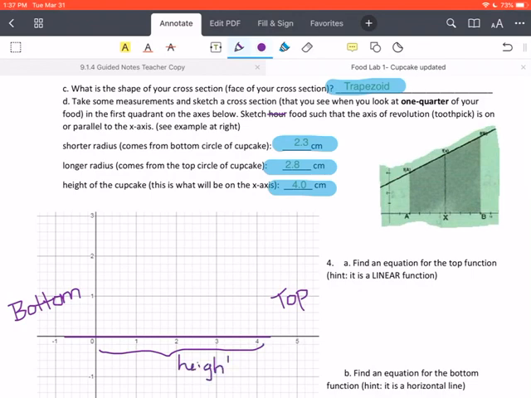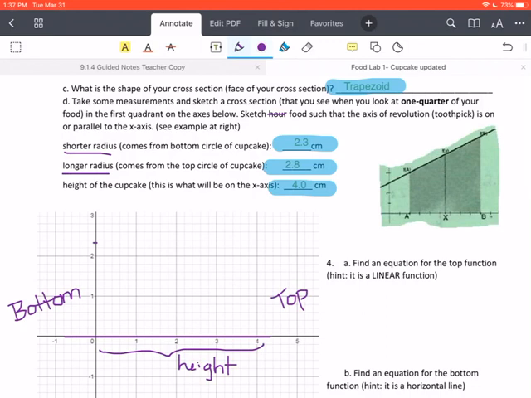So if we go ahead and put together our measurements, remember the top is the larger, the longer radius. So I'm going to go ahead and graph, sorry, let's start with the shorter radius. I'm going to graph the bottom of my cupcake, which is the smaller portion, at 2.3.